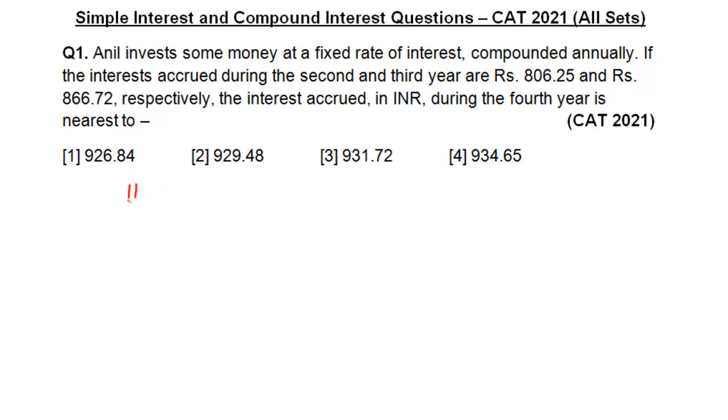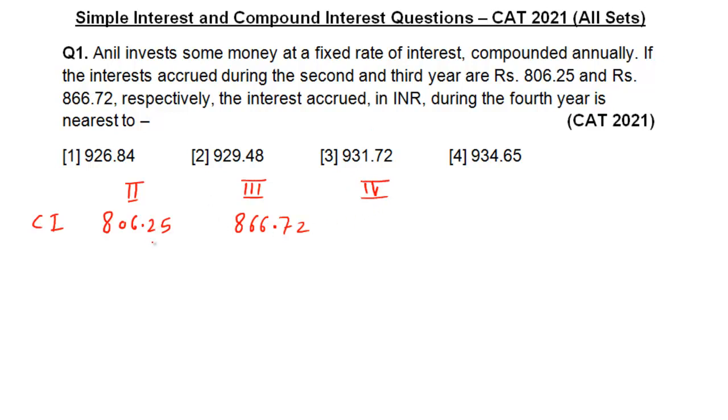So in the second year and in the third year, the compound interest is given as 806.25 and 866.72, and we have to find the compound interest in the fourth year, right?